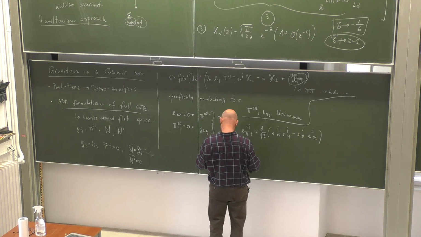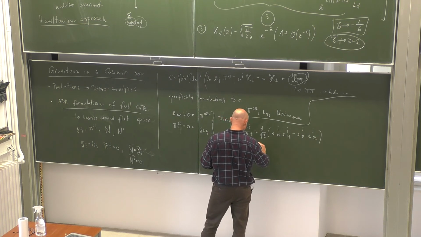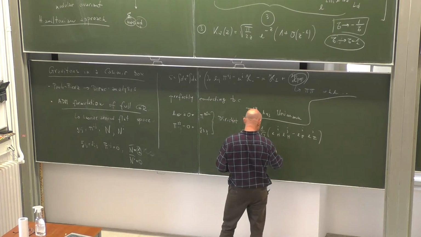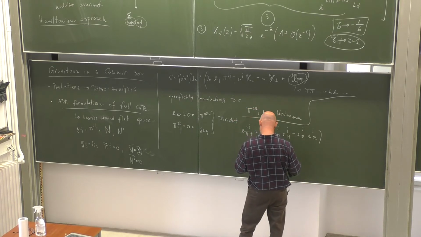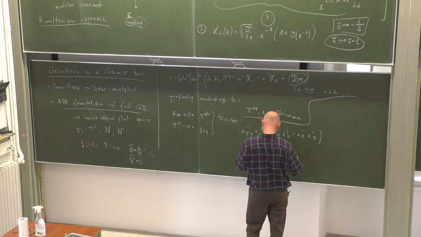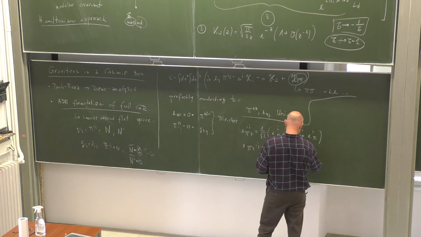You do the E transverse traceless X, Ij, and you can prove that in this X polarization, this is where the additional stuff lies, the lower dimensional scalar lies in this X polarization.